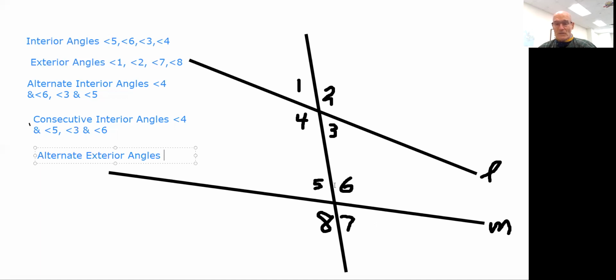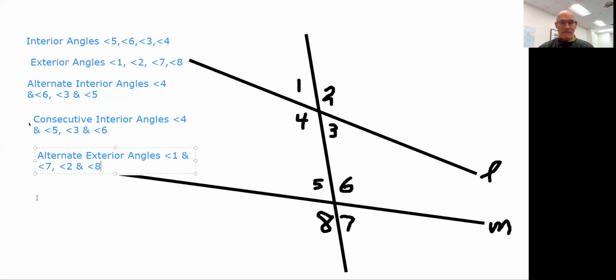So we would have angle 1 and angle 7, and then angle 2 and angle 8. So angle 1 and angle 7 would be one set of alternate exterior, and then angle 2 and angle 8 would be the other set.